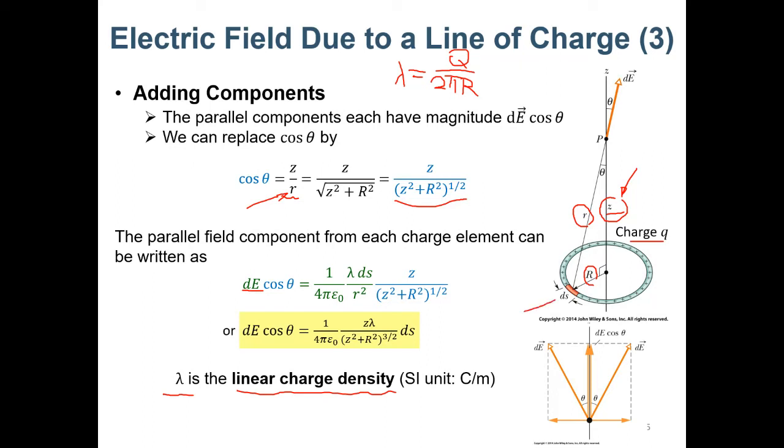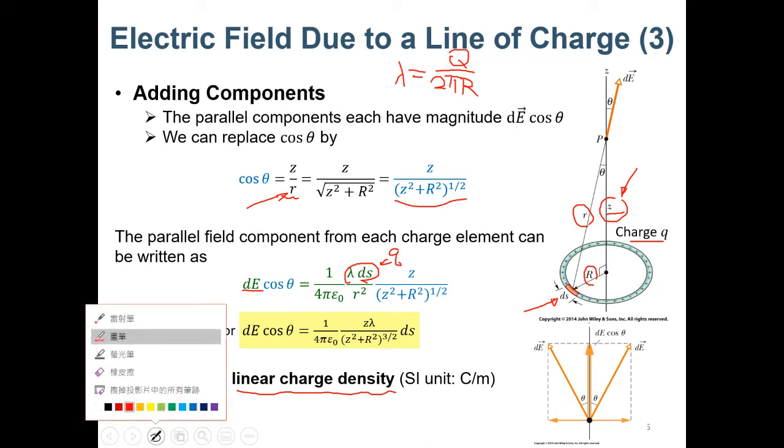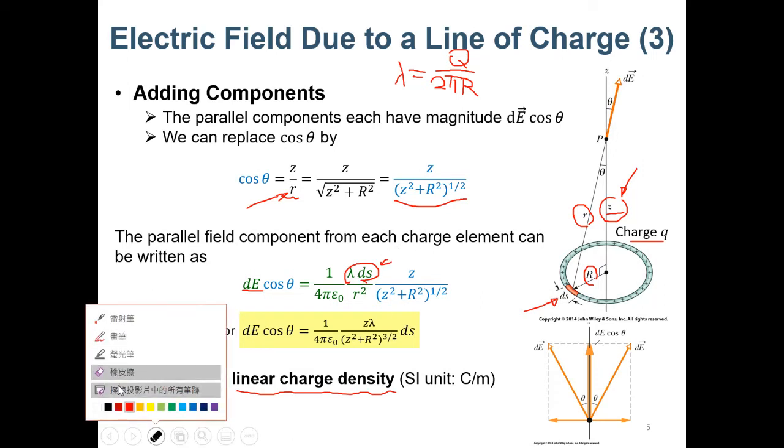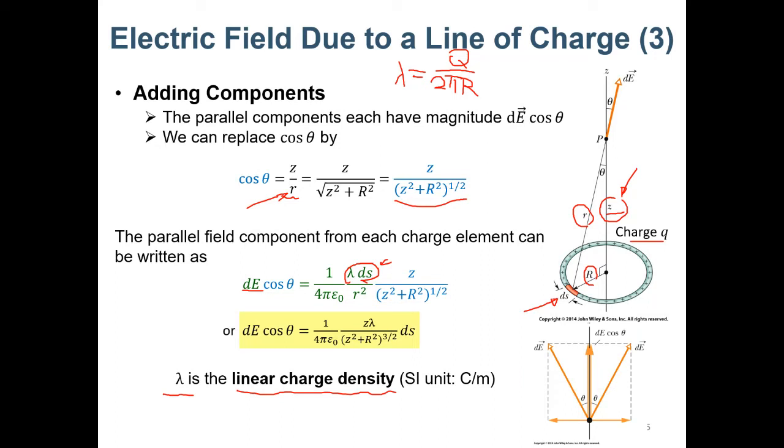So actually the charge on ds is the density times the length. ds is the infinitesimally small length, so this is the charge on this segment. So this is actually the small q, not big Q. You can use big Q, whatever you like.